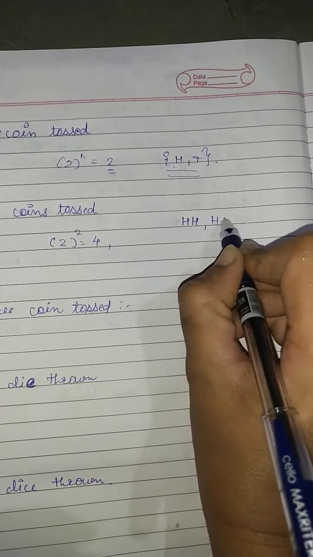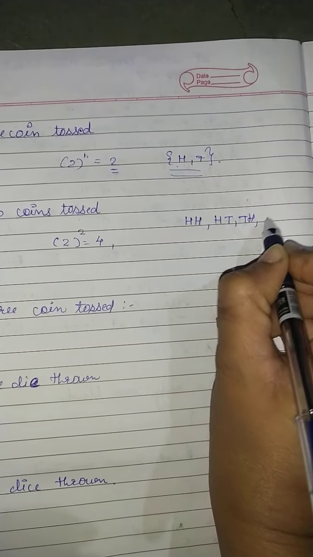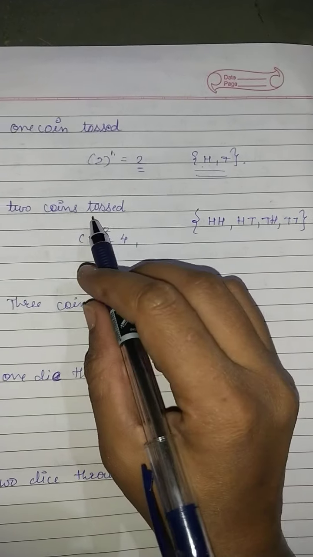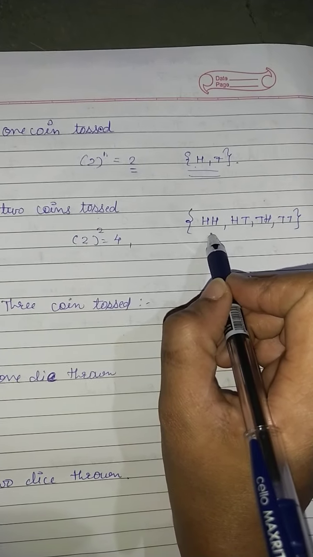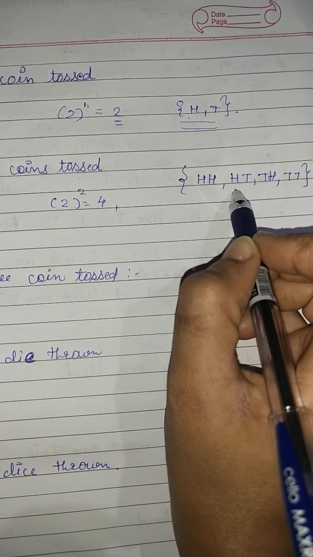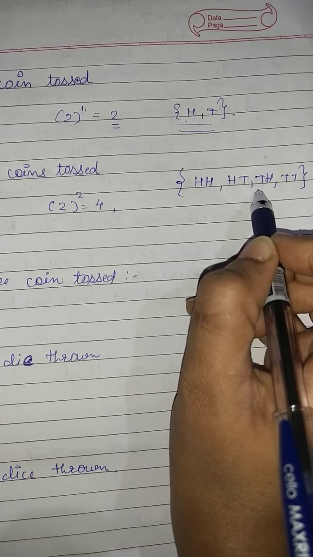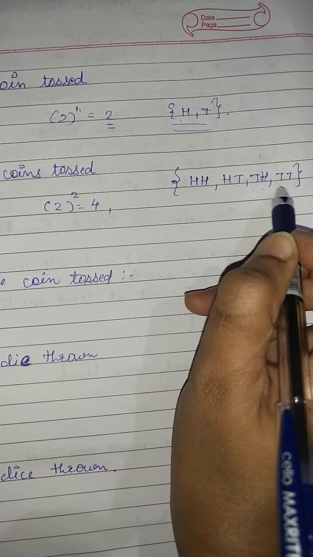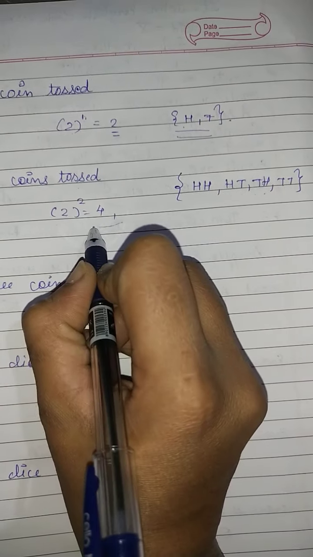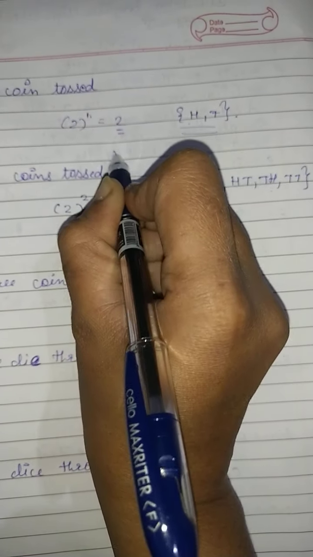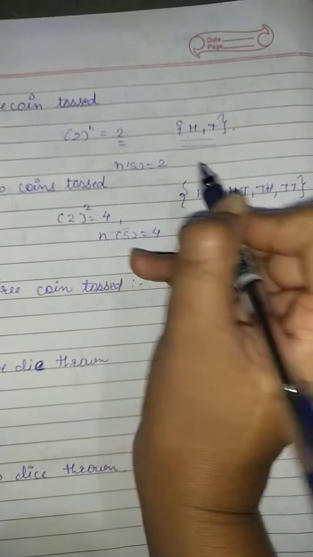HH, HT, TH or TT. 4 sample spaces. It means if you toss two coins at the same time, on both coins head will come; on the first coin head and the second coin tail; first coin tail, second coin head; and on both coins tail will come. So how many sample spaces? 4. So here n(S) is 4 and here n(S) is 2.